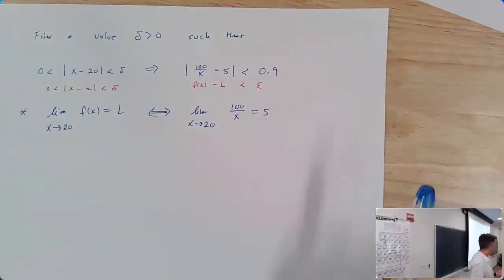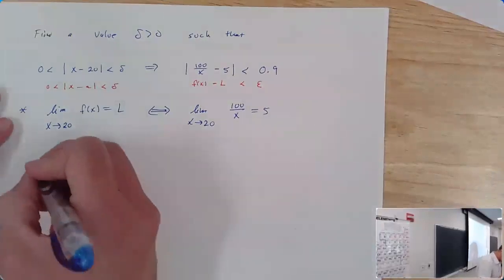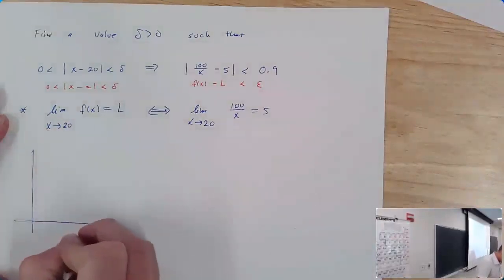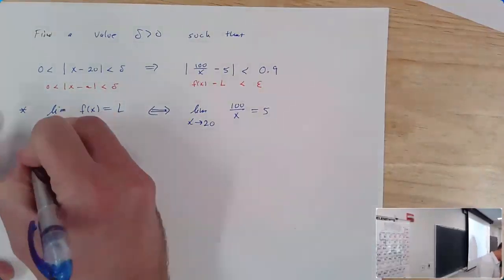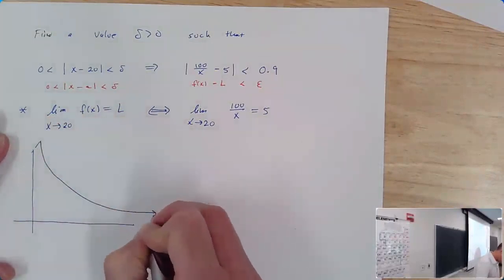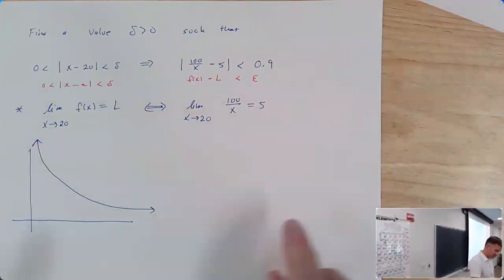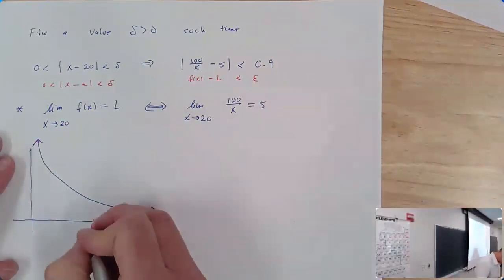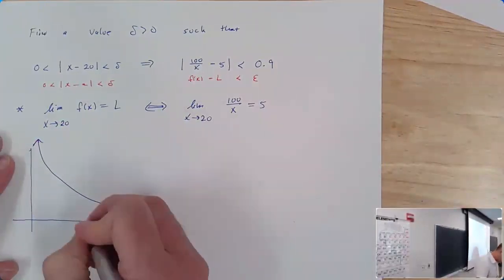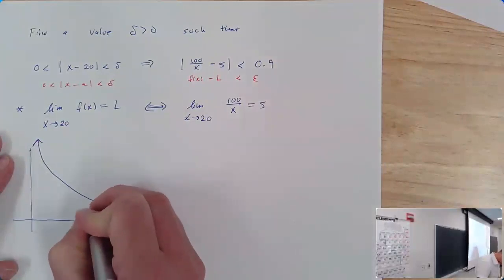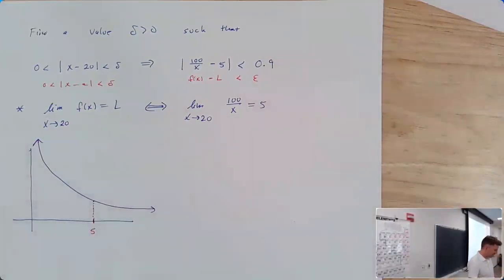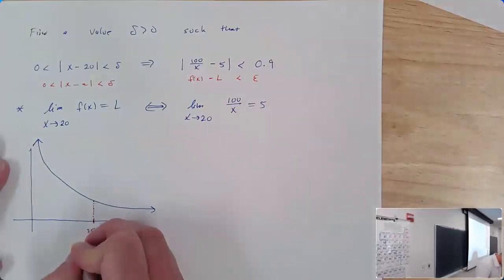So here's the graphical interpretation. 100 over x, okay, sure. There's the right side of 100 over x, and sorry, we're not getting close to 5, we're actually getting close to 20. x is getting close to 20.